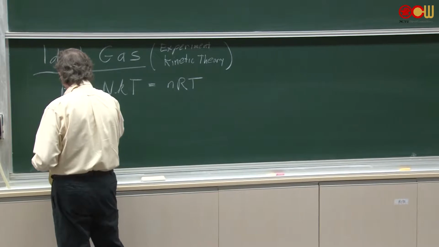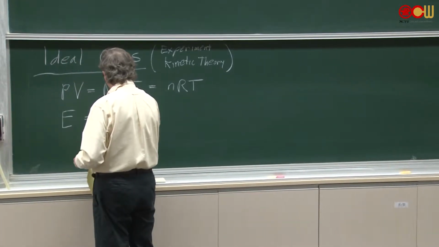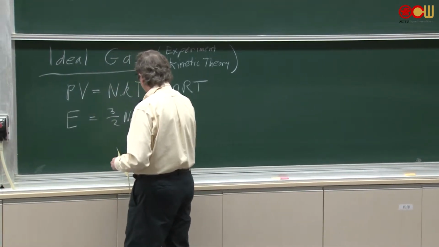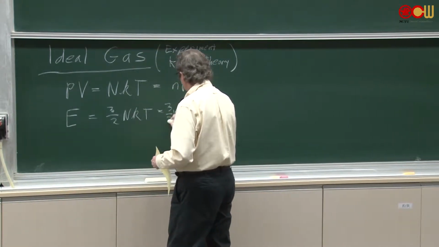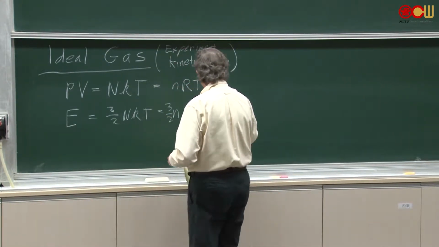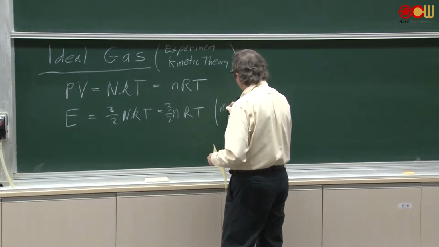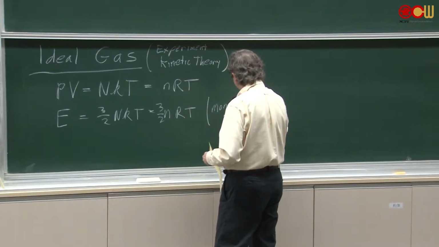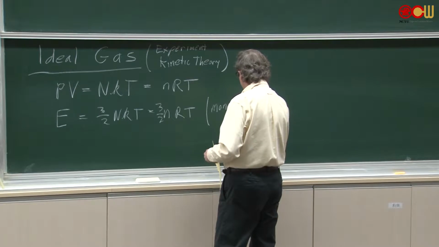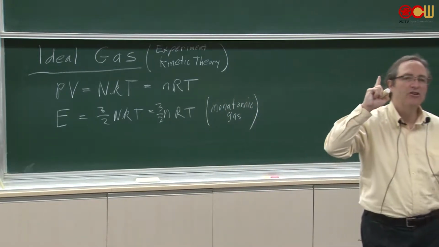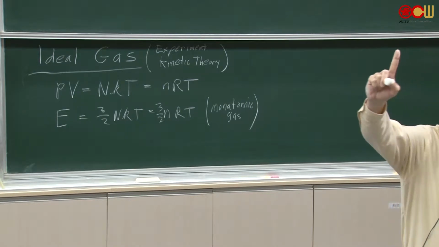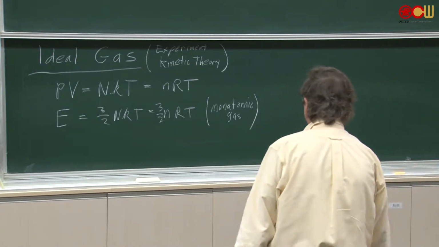The energy is equal to 3/2 NkT, or 3/2 nRT, for a monatomic gas, which means the molecules have one atom in them. Okay?